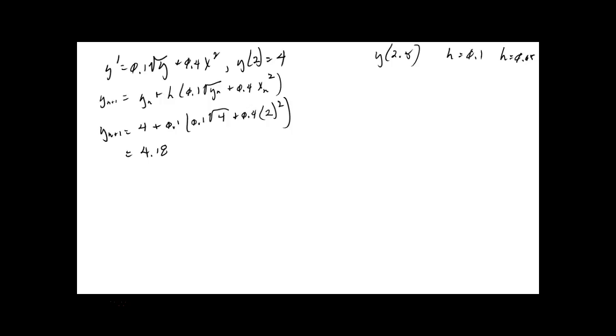Now, that becomes the y1. Because this was our y0, there's our x0. So to get y2, we have 4.18, that's your y1, plus 0.1, that's your step, times, in this part of the problem, 0.1 times the square root of your old y, your last y, which is 4.18, plus 0.4 times, you stepped up 1, so now it's 2.1.